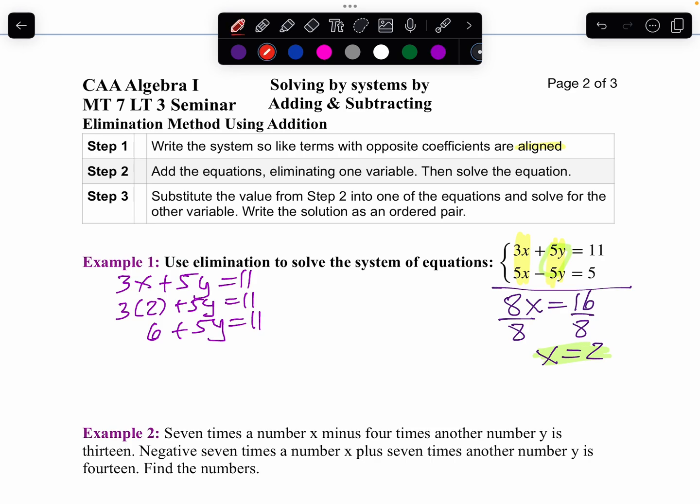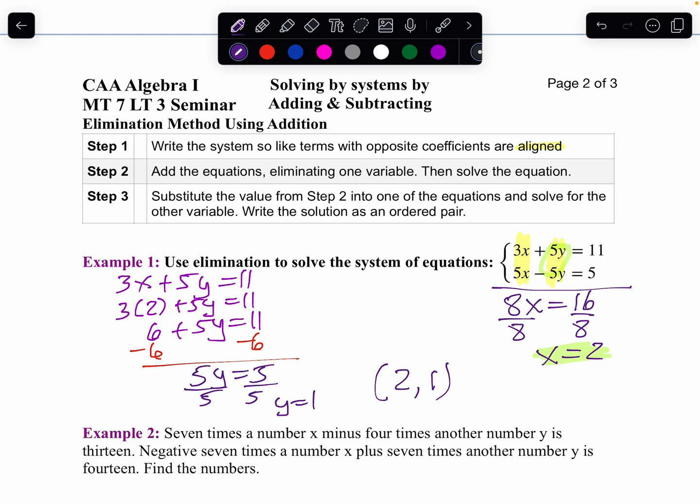You can minus 6 from both sides. And you get 5y equals 5. So I'll divide both sides by 5. And y equals 1. Since I have x and y, I'll write it as an ordered pair. So in other words, if I graph these two, that's going to be where they intersect.